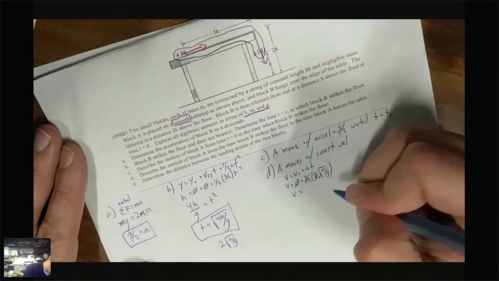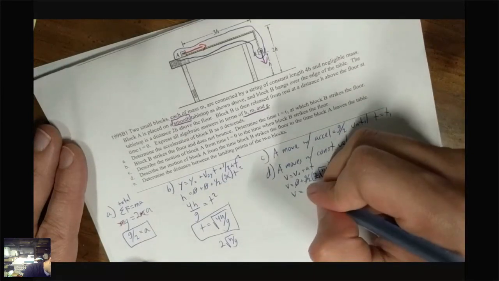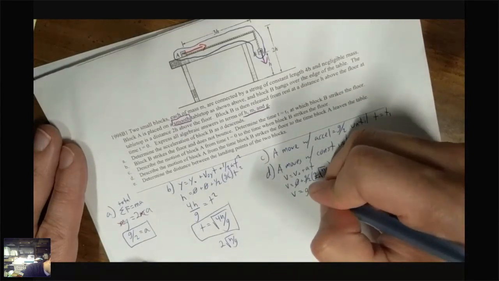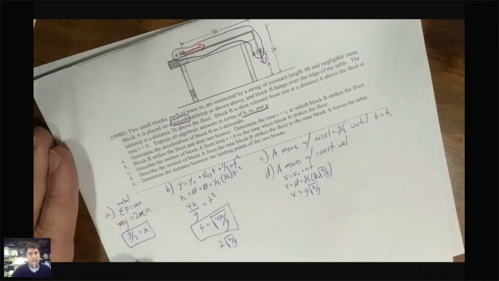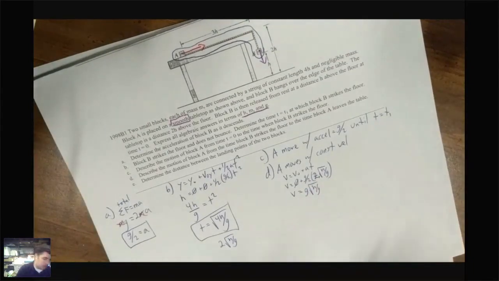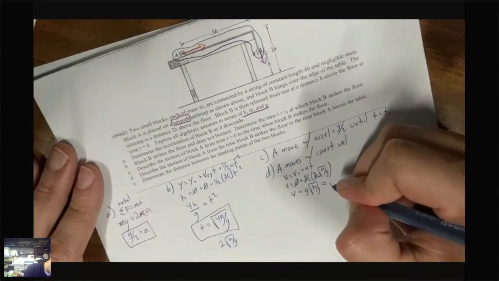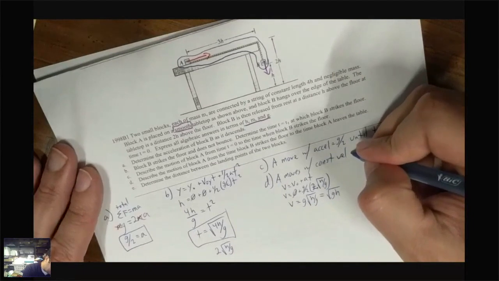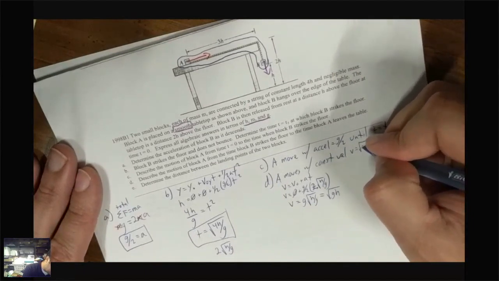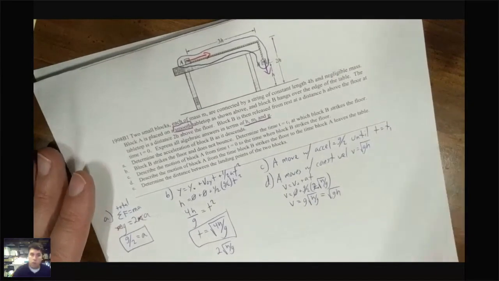So V will be, let's see, the 2's cancel, g square root of h over g. That looks kind of strange. Which I suppose we can bring that in and simplify this as square root of gh. That looks a little better. So constant velocity, V equals the square root of gh while it's on the table.